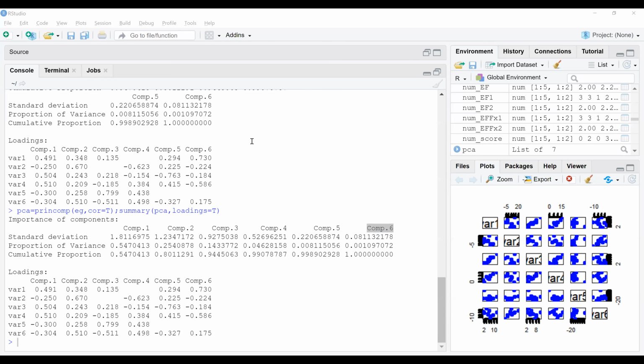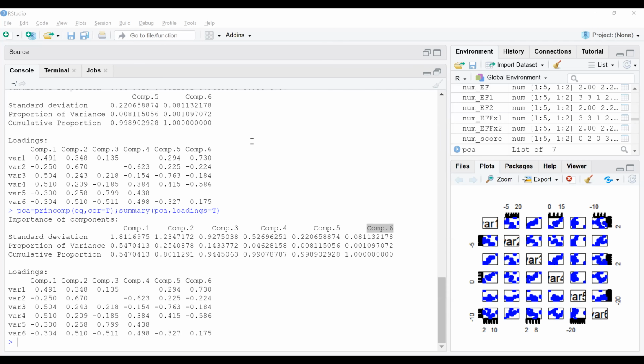Let me ask you another question. What is the cumulative proportion of variance accounted for by the third principal component? Who can tell me that? Oh, I was going to take Reuben. Yes, Reuben. By the third principal component, what would that be?